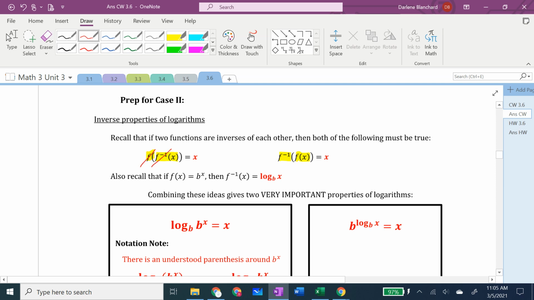And if you undo what was done to an input, you get as your final output that original input. And then if you are dealing with a particular base to the power of x, its exact inverse function, you can also think about it as an individual operation, just like addition is an individual operation.